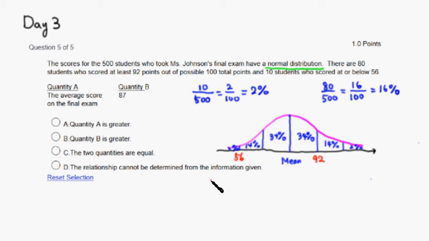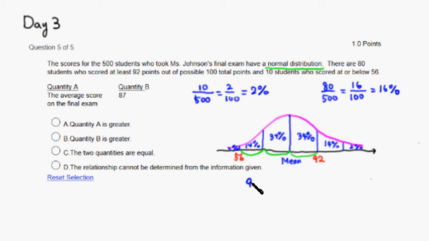So between 56 and 92, there are 3 standard deviations, because here's 1 standard deviation, 2 standard deviations, and there's 3 standard deviations.